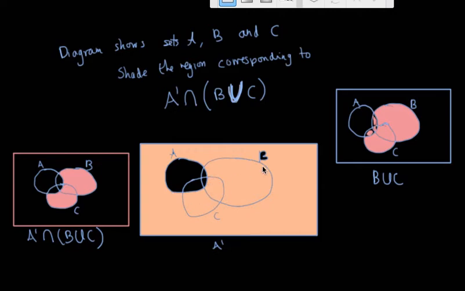So you're looking for what regions are all coloured in at the same time. This gives us this part here and this part here, but not the stuff that's in A. So that's why the complementary set of A in intersection with the set of B in union with C is this. That's quite complicated, and I hope it makes sense.